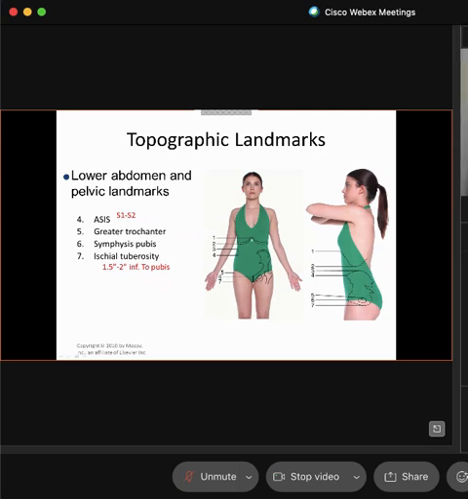Xiphoid process, which lies at what level, John? T9 to 10. Here we have the lower rib margin. The lower rib margin, or the hypochondriac area, is going to be L1. Here we have the iliac crest. The iliac crest is going to lie at what level?